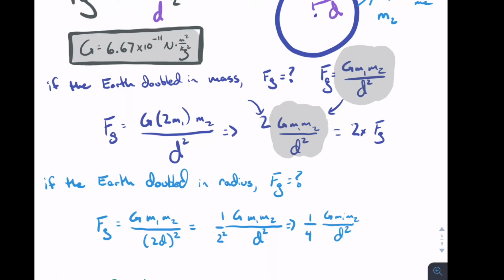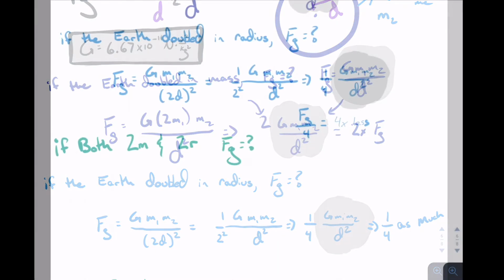So when we do that, you can put the 2d down in below, and if we move a little bit to the right there, when you pull that 2 out, remember that it is a d squared, so whatever you do to the d, you also have to do to the 2, and so you end up getting 1 over 2 squared, or 1 over 4. And what this would mean for us, if we take a look, we can still see that same force of gravity that we had before. And so if you multiply it by 1/4, you're going to have 1/4 the force of gravity acting on you.